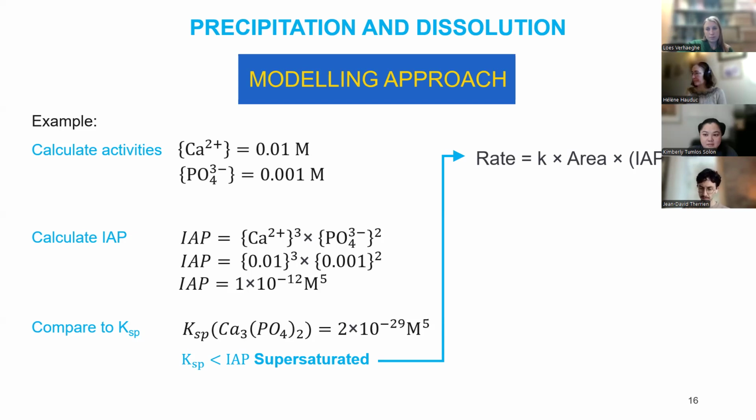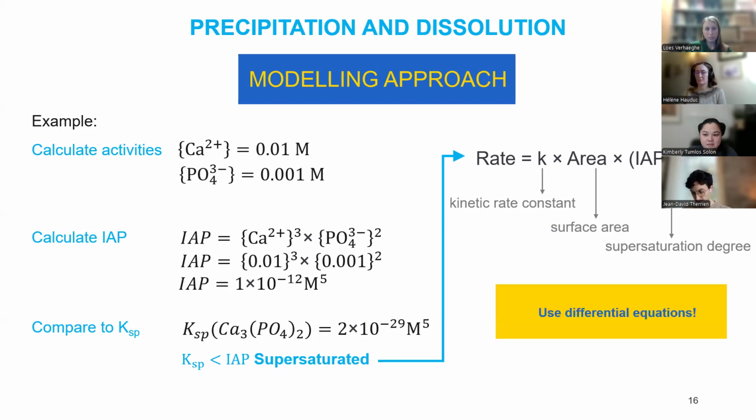This is just one example of an equation for how we model the precipitation rates, but there are also other forms of the precipitation rate. It depends on the kinetic rate constant, the surface area, and the degree of supersaturation. And as I mentioned, the rate of precipitation is much slower compared to the aqueous phase chemistry.